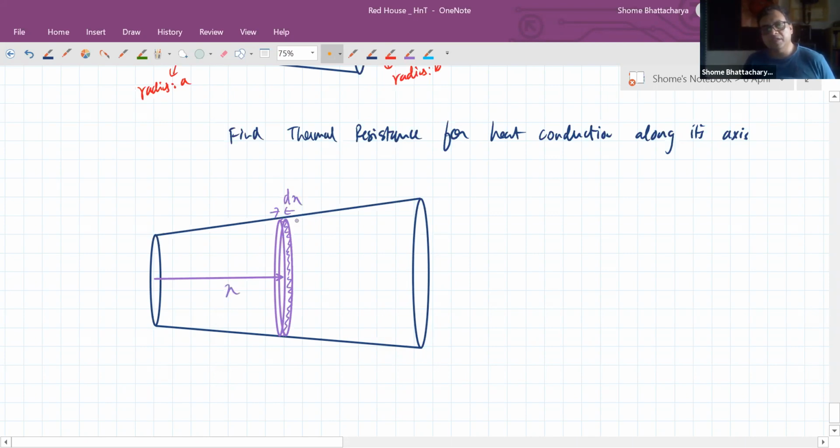So more importantly, the radius of this disk is something that is going to be in between A and B. So we're going to have to learn how to express that radius as a function of this distance x.